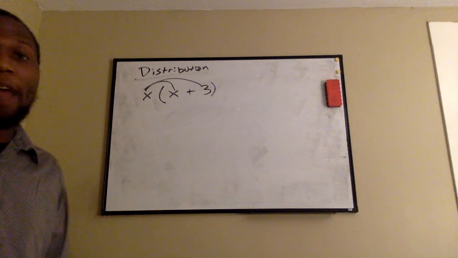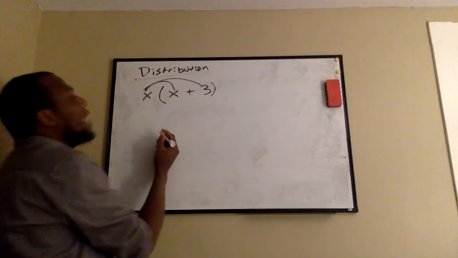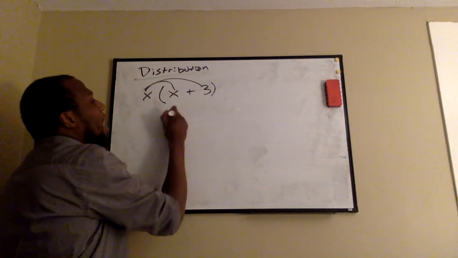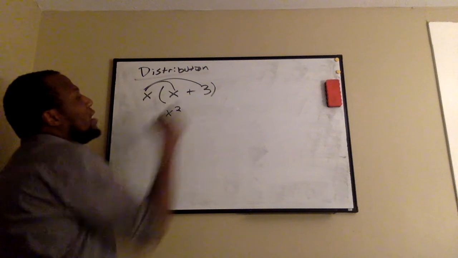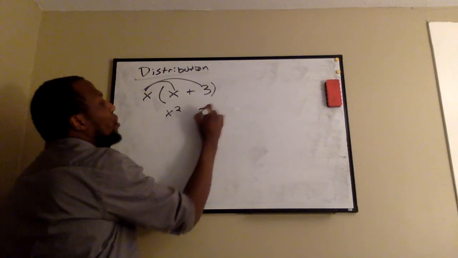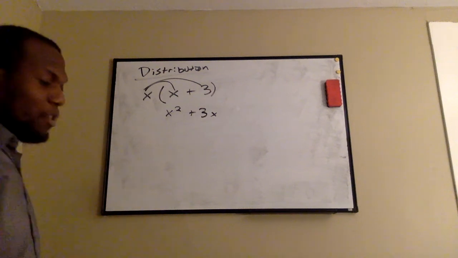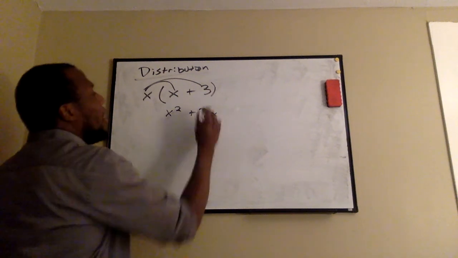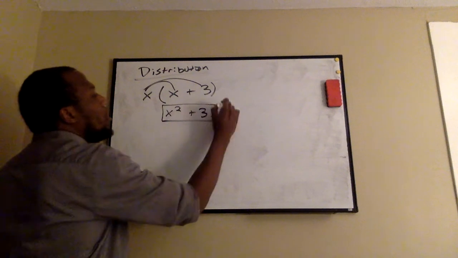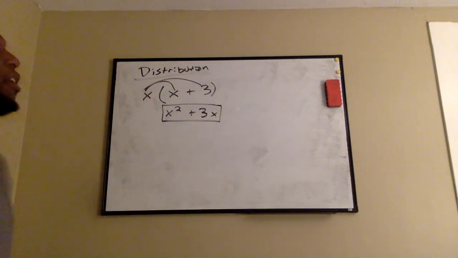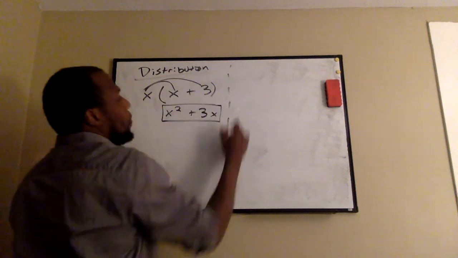We need to multiply for both of those. So x times x would give us x squared, and then x times 3 would give us the 3x, and we would be adding those together. So that's what we would get when we distribute for that one term, okay?